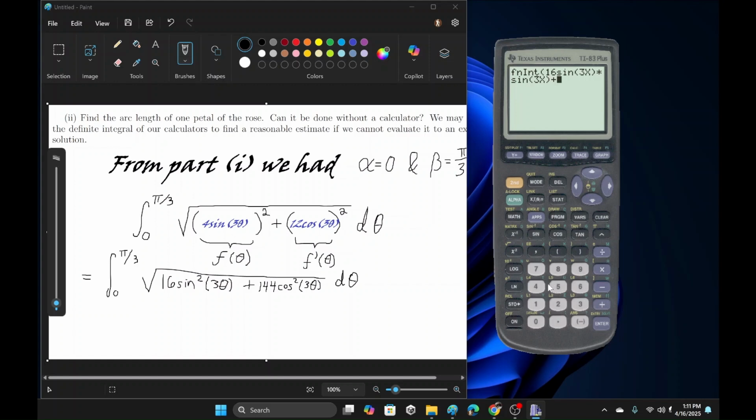And then plus, oh, I almost forgot, we do need the square root. So at least this is an opportunity to show something. If you need to go back and insert something, you don't have to start over again. You can press the second button and then ins, insert, which is the same as the delete key, but when you're in second mode, you're going to be able to insert stuff.